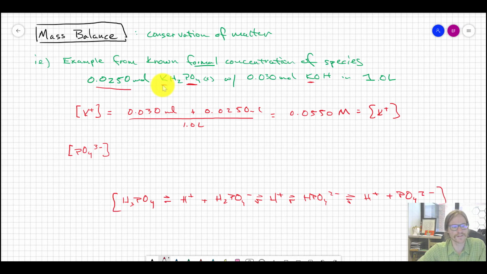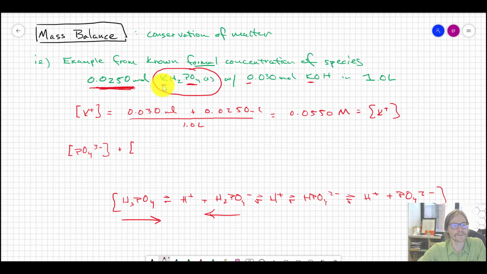We don't know exactly the concentrations of any of the individual phosphate species, but we do know that this is the only source of the phosphate into the system. And if we're adding exactly 0.0250 moles of it, then what has to be true is that all of those phosphate species together collectively still have to add up to 0.025. They can change species by adding and removing protons via the acid-base system, phosphoric acid, but collectively you can't destroy any one of those things.